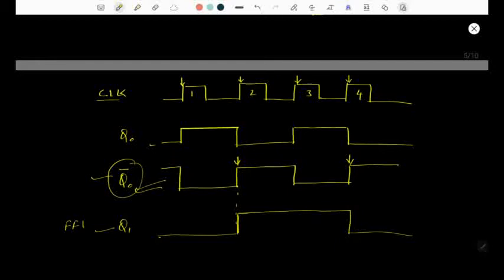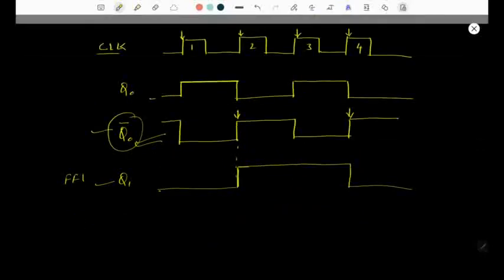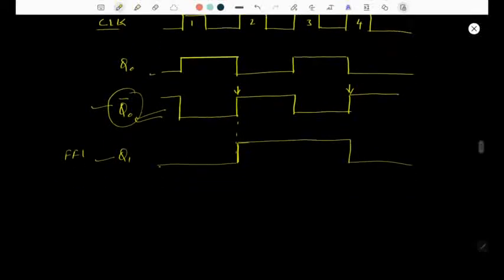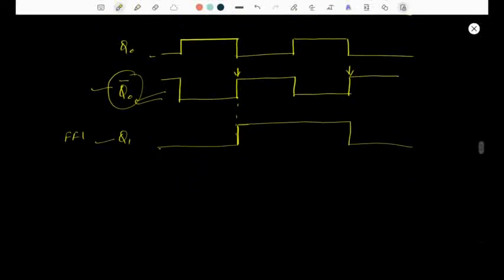Now from this we can make a table showing the clock pulse and the outputs, Q naught and Q1. Initially both Q naught and Q1 were in the reset position, 0 0.